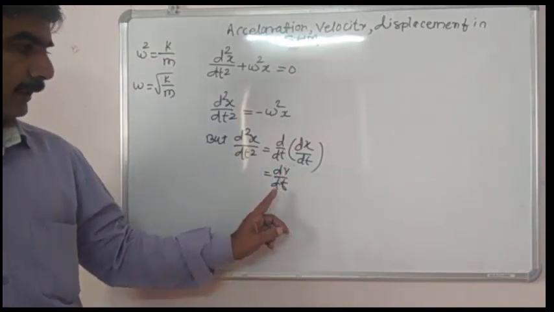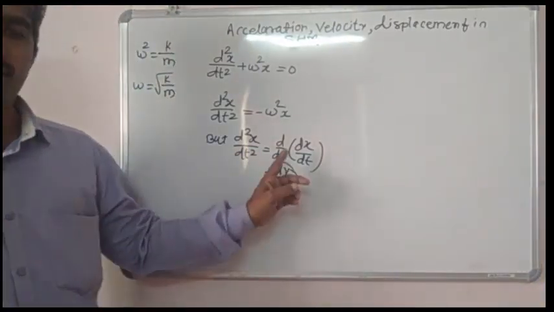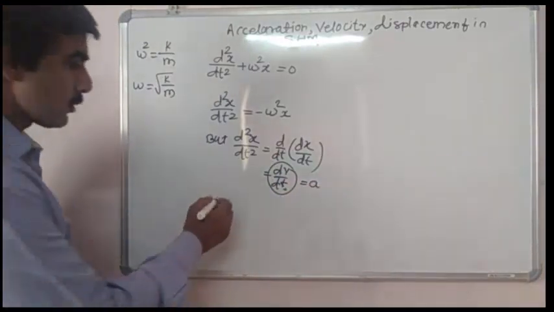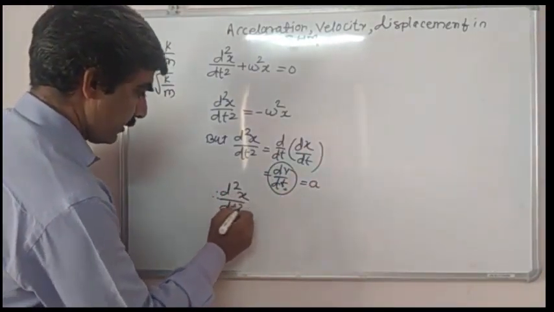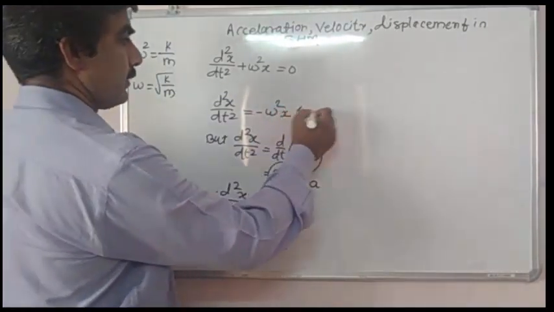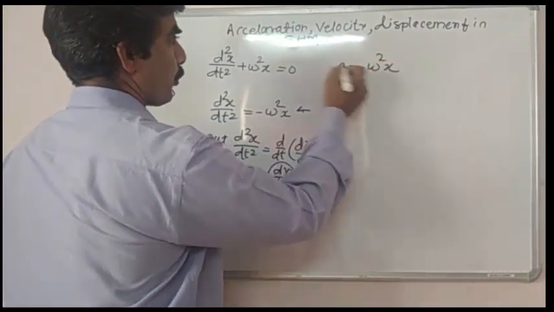And this rate of change of velocity with respect to time is nothing but acceleration a. Hence we can write d2x by dt square equal to acceleration. This equation becomes acceleration equal to minus omega square x.